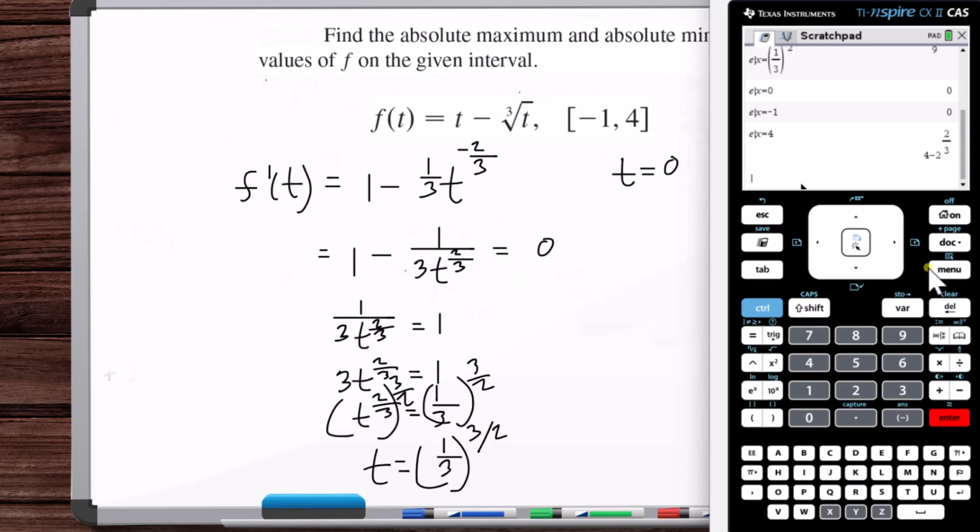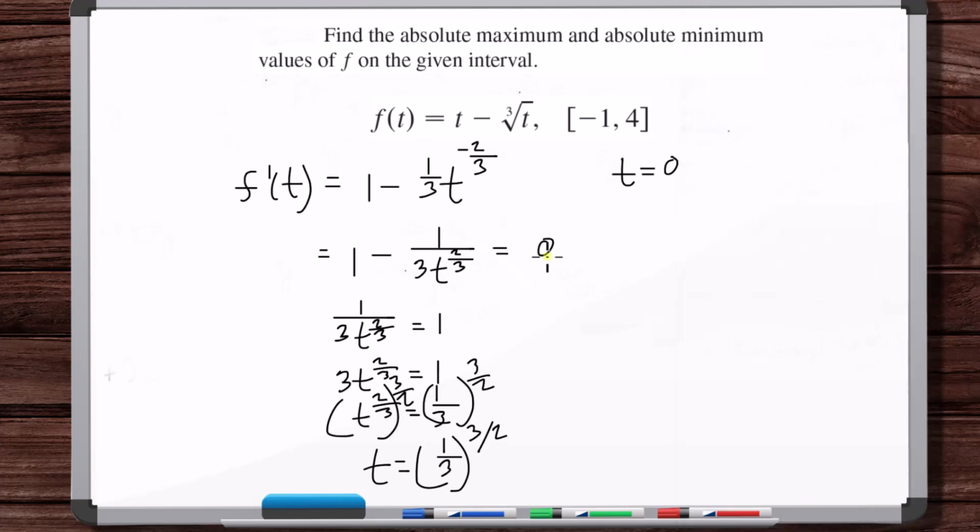All right. So this is negative, this is positive. So there's your maxes and mins. The max is f of 4, which is equal to 4 minus 2 to the 2/3.